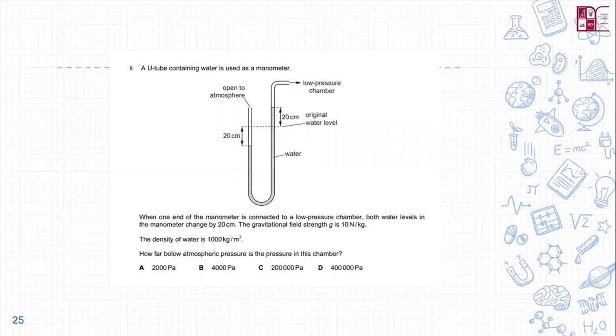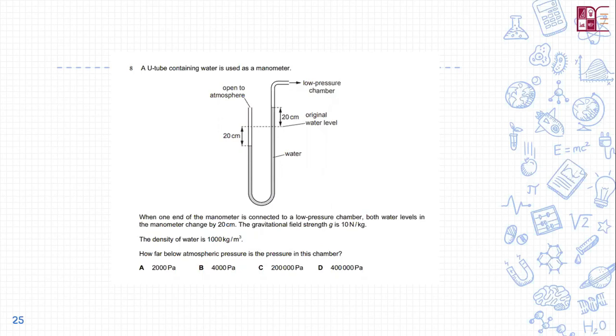All right. So moving on to the next, a U tube containing water is used as a manometer. When one end of the manometer is connected to a lower pressure chamber, both water levels in the manometer change by 20 centimeter. The gravitational field strength is 10. The density of the water is 1,000 kilograms per meter cube. How far below the atmospheric pressure is the pressure of this chamber? All right, so we're going to use rho GH for pressure, but we need to take into account that the difference between the heights is 20, so it's basically 40 centimeters, and you have to change that unit into meters because the density is also in meters.